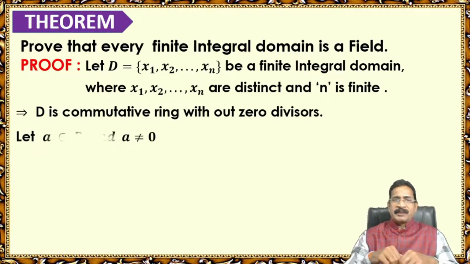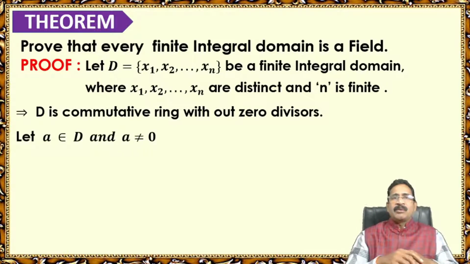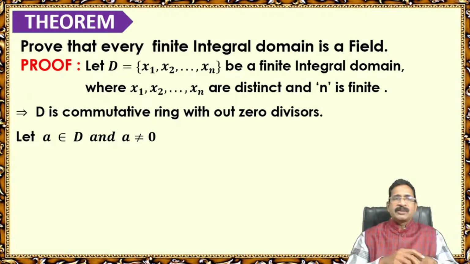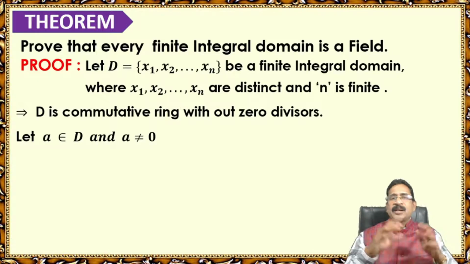Please remember that. Now, to prove this D is a field, it requires two conditions. What are they? One is the unity element 1 and the second is that every non-zero element has a multiplicative inverse.